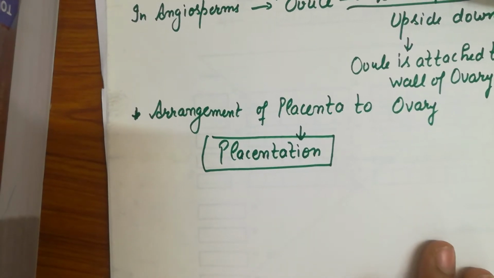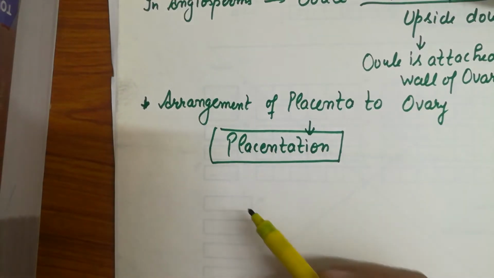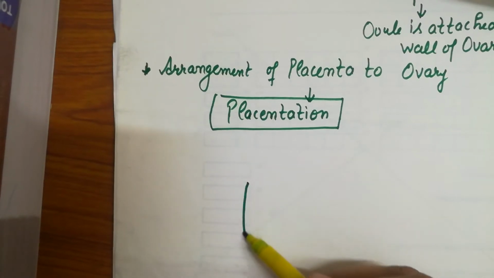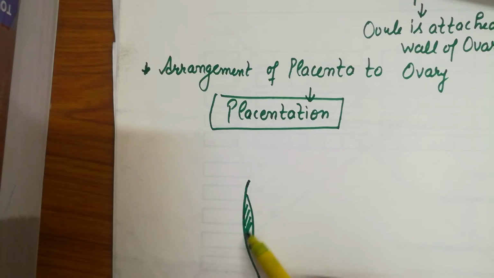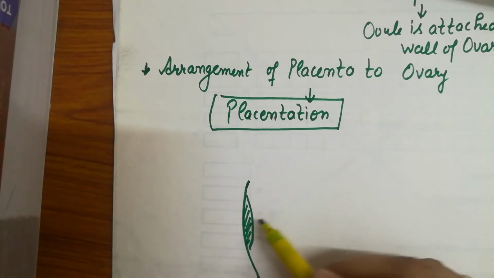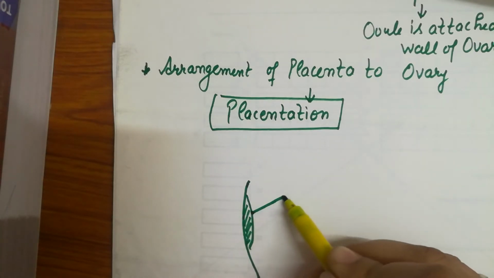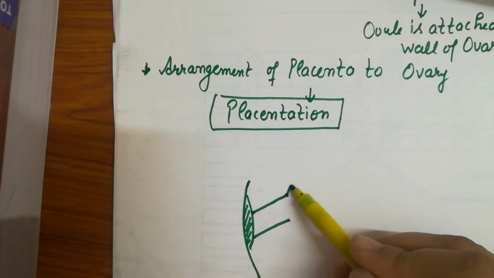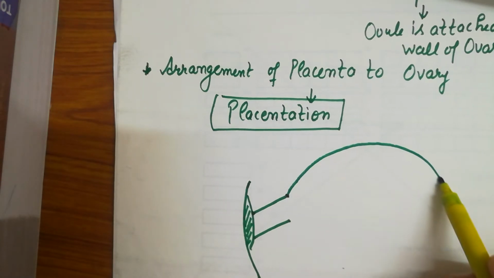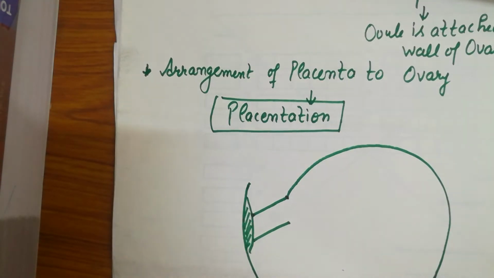As you know, it is attached with the help of a tissue called placenta, right? Now from the placenta there is a stalk-like structure which is called funicle, right?